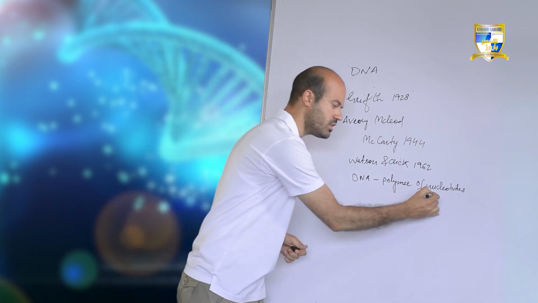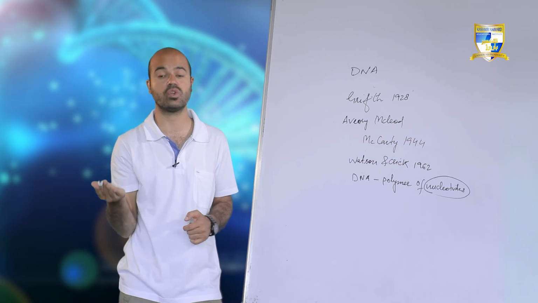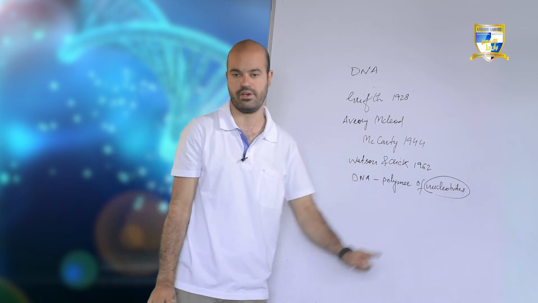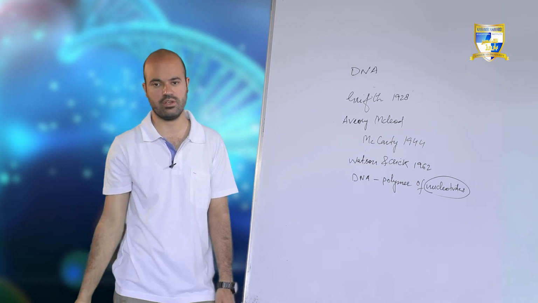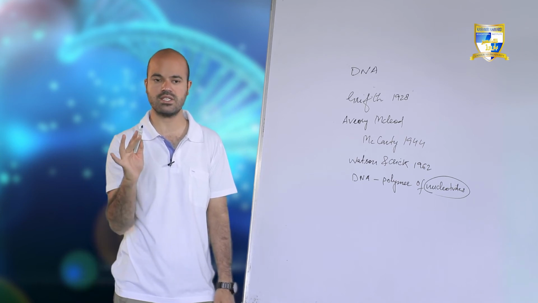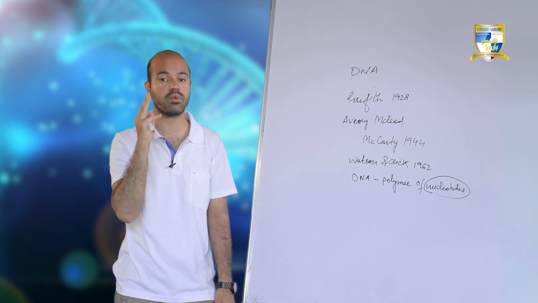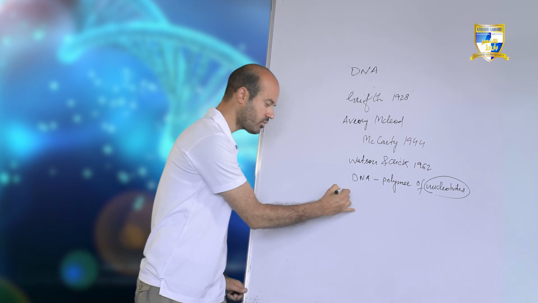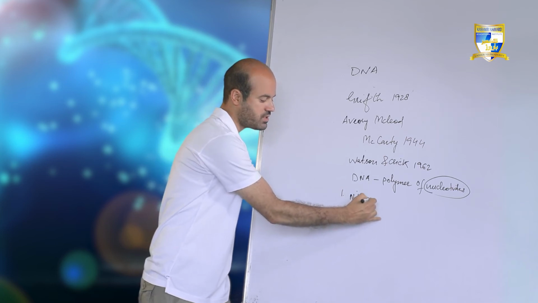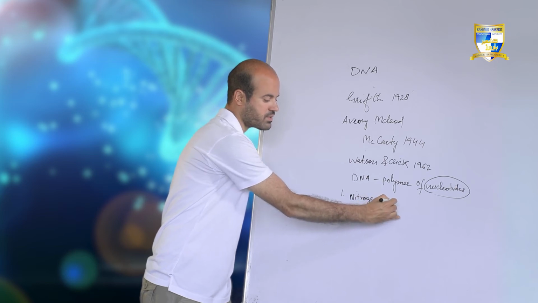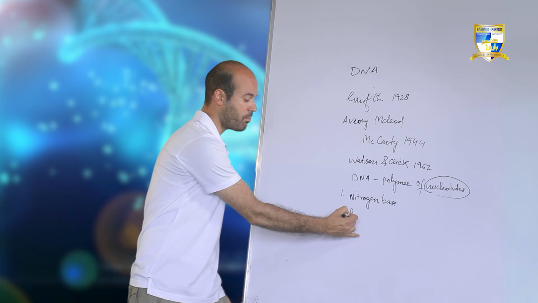That single unit of DNA is the nucleotide. And when we observe, the nucleotide itself is made up of three components. One is the nitrogen base. Another one is the sugar, the pentose sugar.